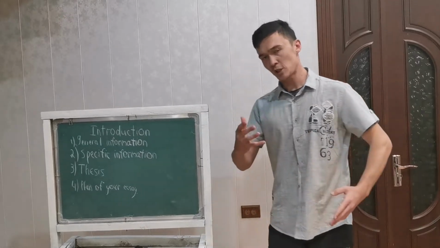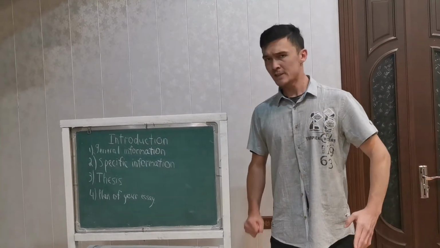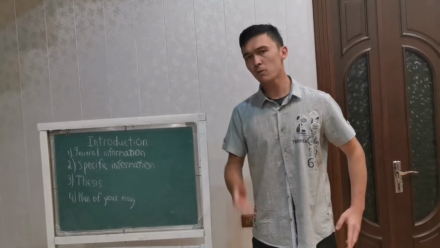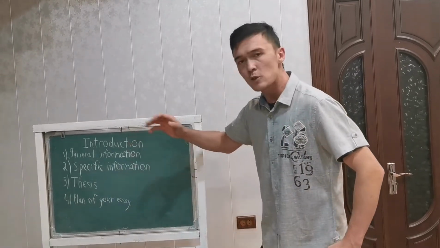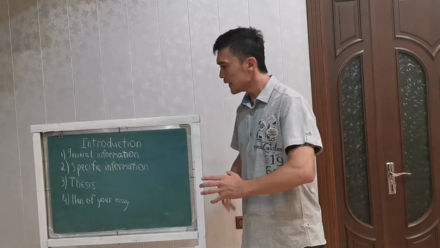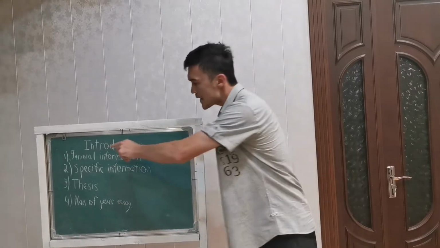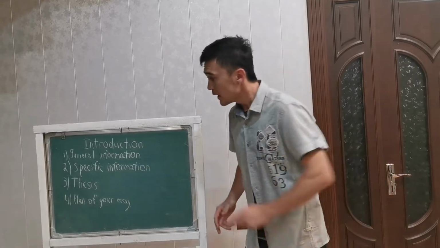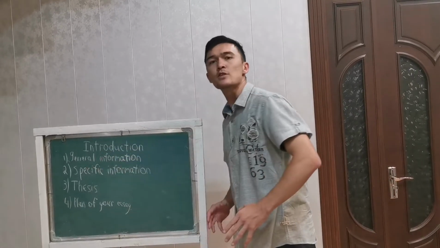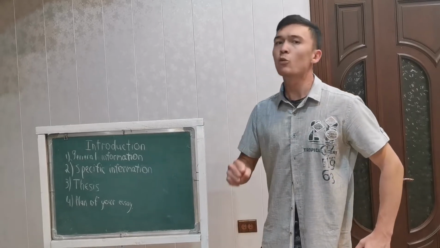usually my introduction of my essay will consist of 4 sentences. The first sentence of my introduction usually presents general information about the topic, while my second sentence gives more specific information.